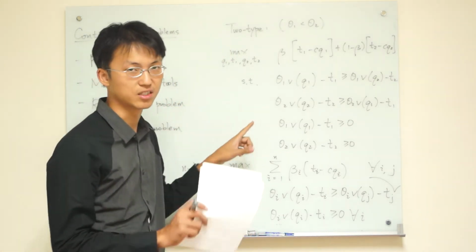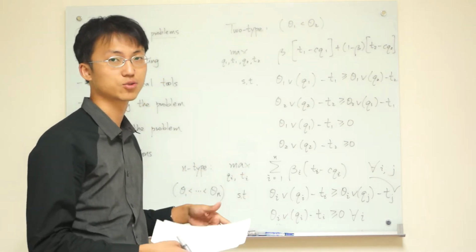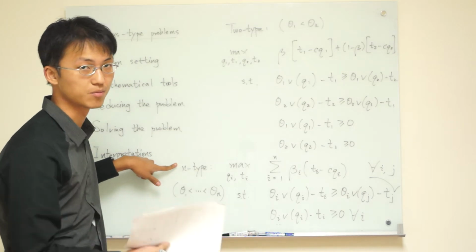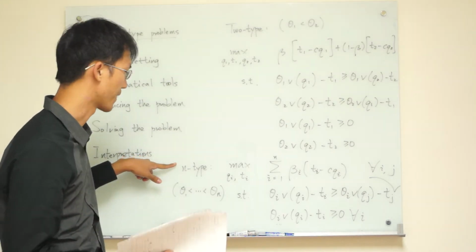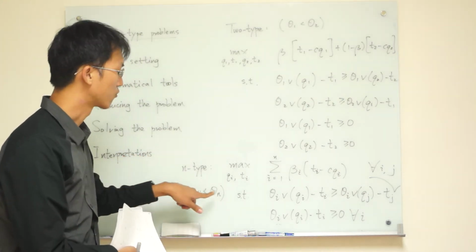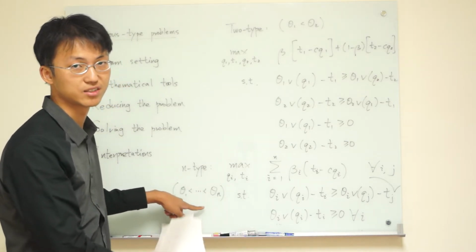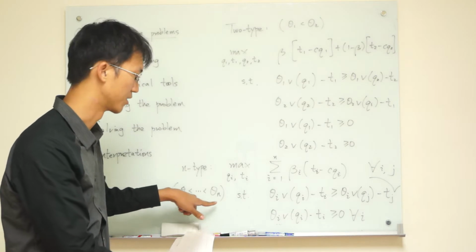And then we spent a short time to talk about discrete type problems. So suppose we have n types, n may be 3, 4, 5, or 1,000. And we assume for theta there is some kind of order: theta 1 is less than theta 2 and so on, up to theta n.